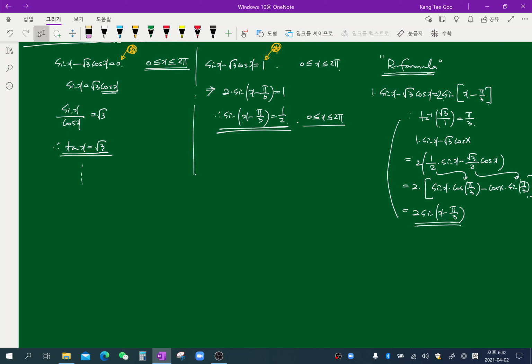Another thing is, the question is something like this: sine 2x equals sine 3x, let's say, between 0 and 2 pi.